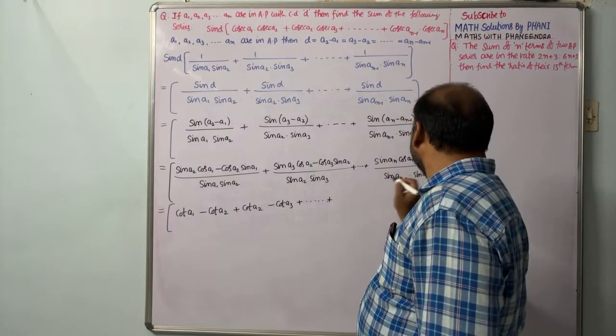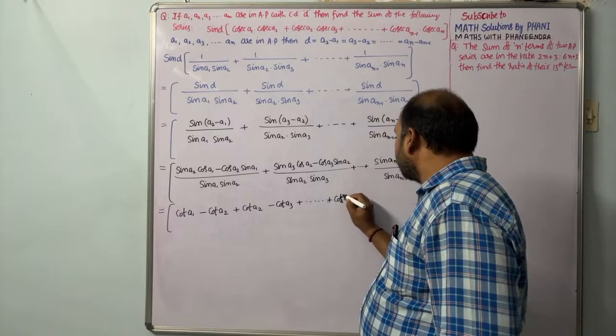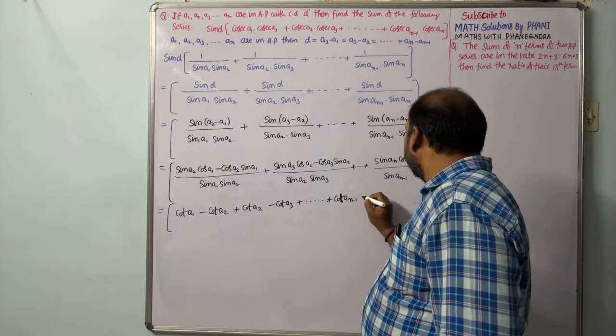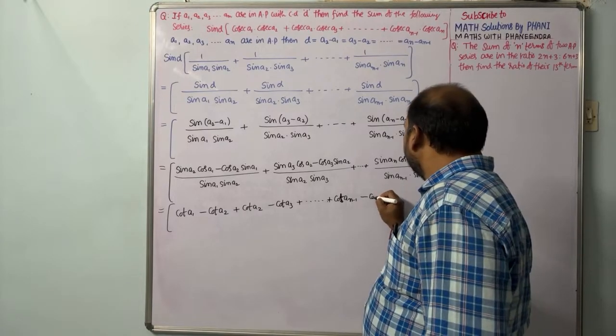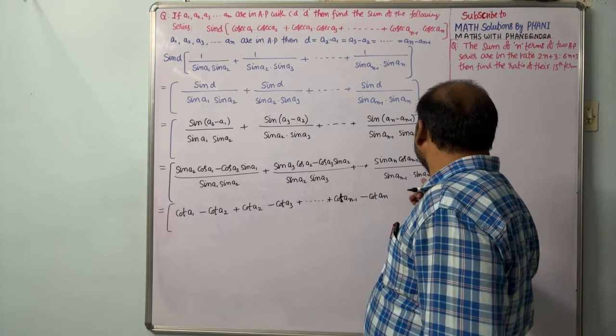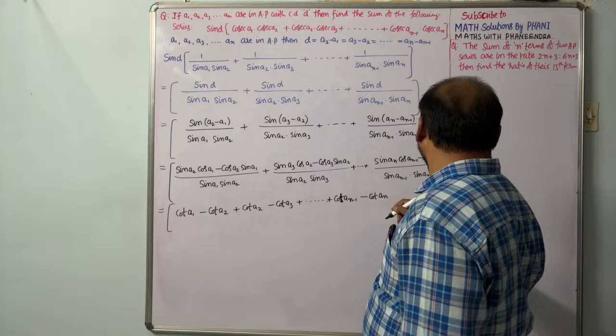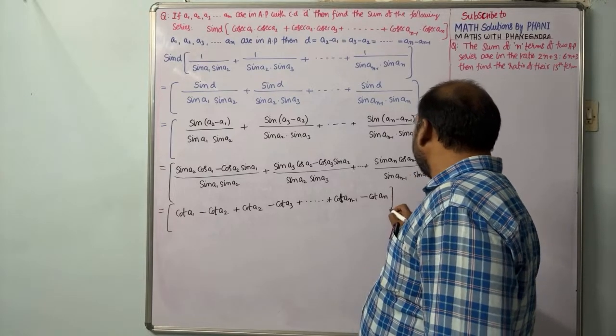Next, the last term gives cot A(n-1) minus cot An.